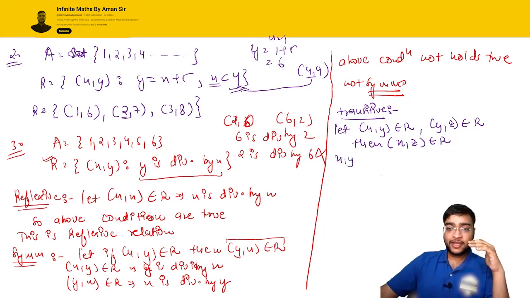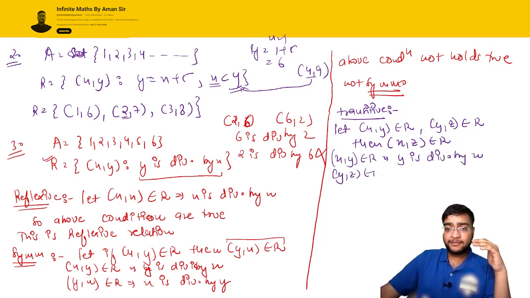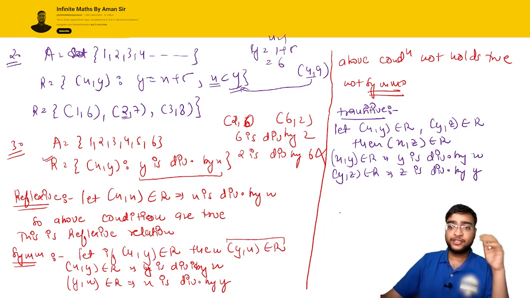For x comma y, the relation is that y is divisible by x. If I take y comma z, then z is divisible by y. That is very true.